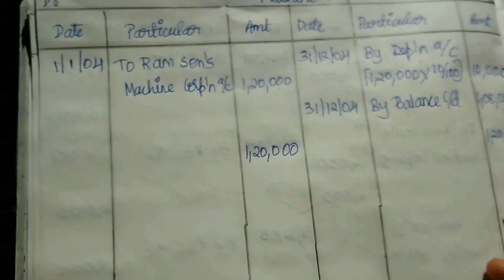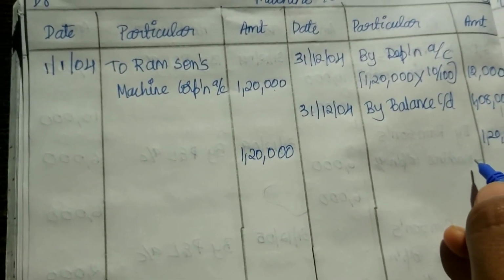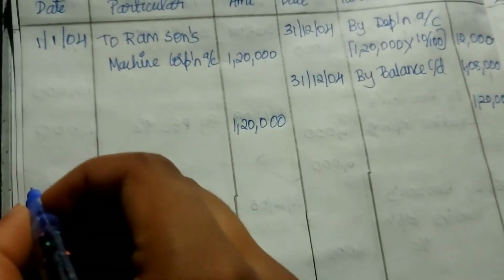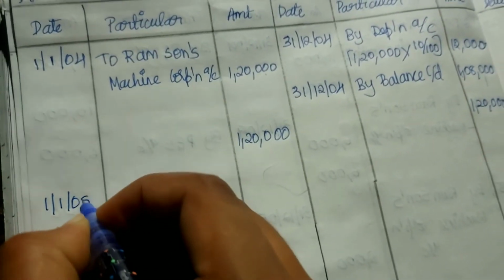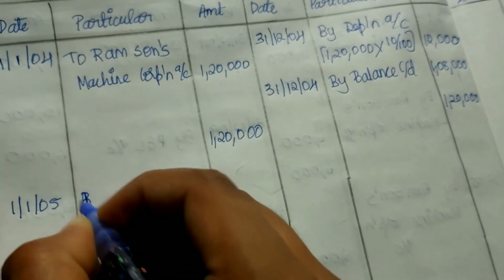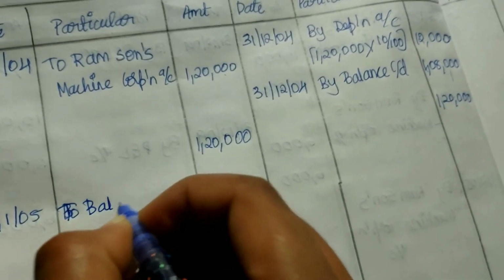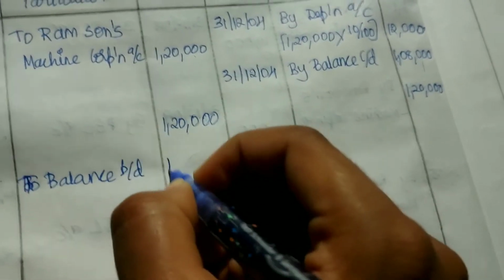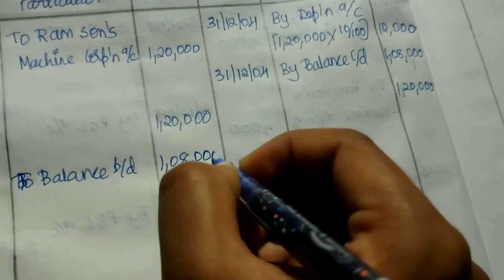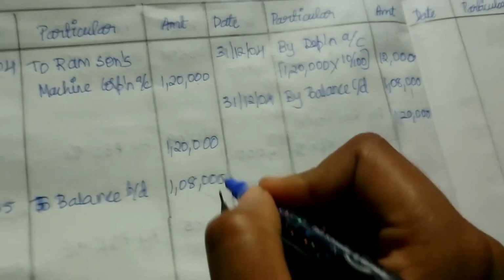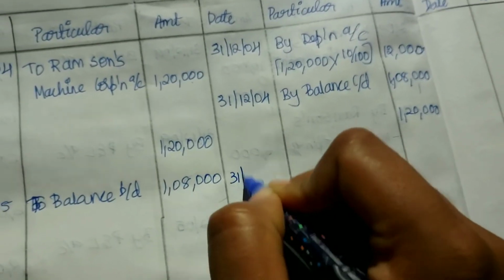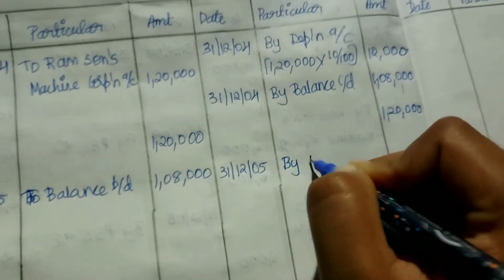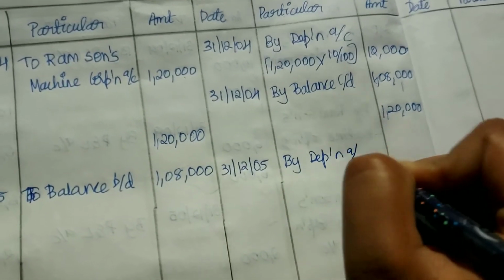Now let's go for the second year. First you have to bring down the value for the second year's machinery. So 1/1/2005, balance brought down 1,08,000. The balance is 1,08,000. On this balance you have to depreciate the machine for the present year by depreciation account.